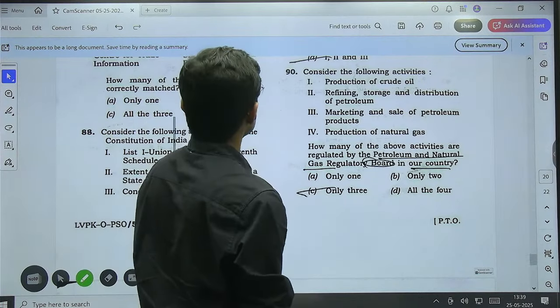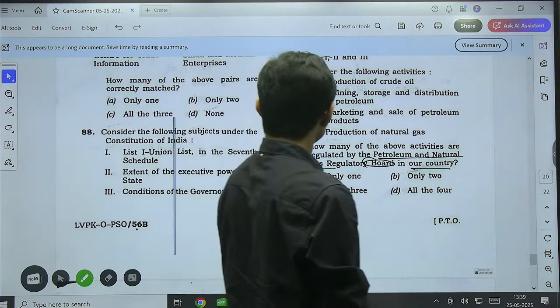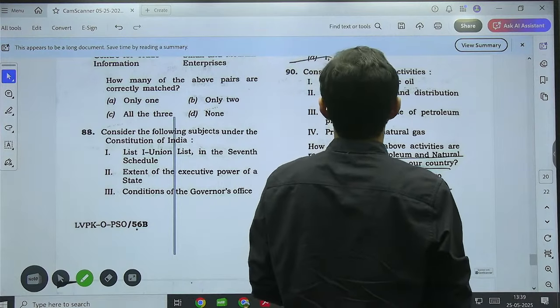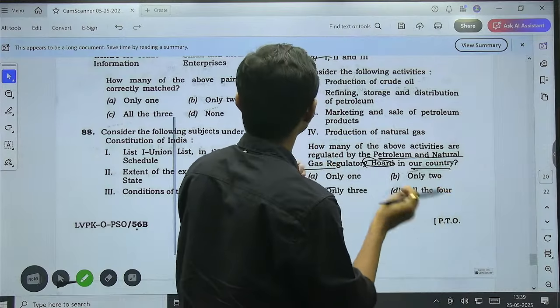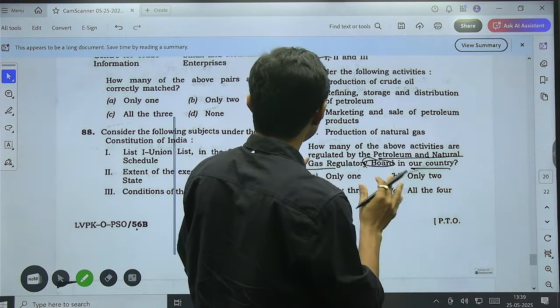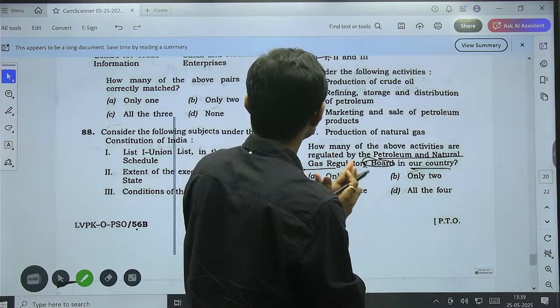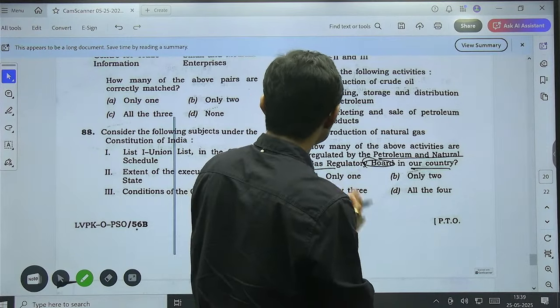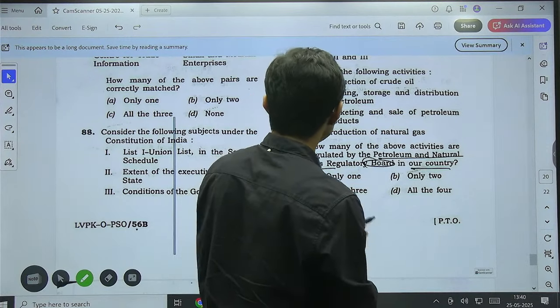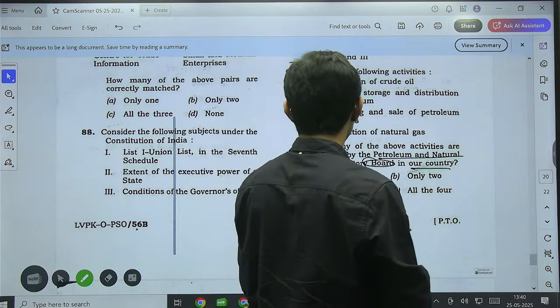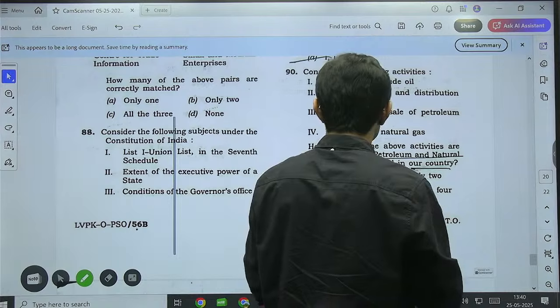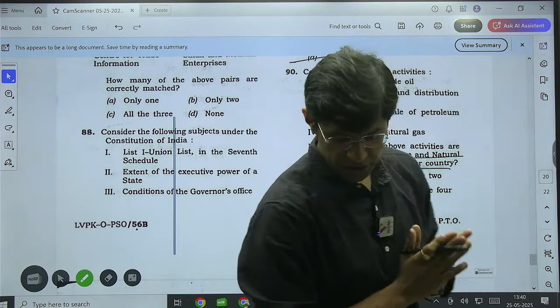Consider the following statements: production of crude oil, refining, storage and distribution of petroleum, marketing and sale of petroleum products, production of natural gas. How many of the above activities are regulated by the Petroleum and Natural Gas Regulatory Board of India? Now this is a question.